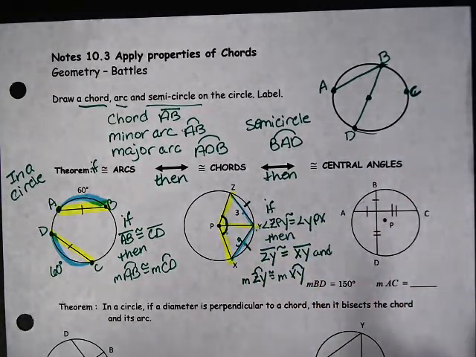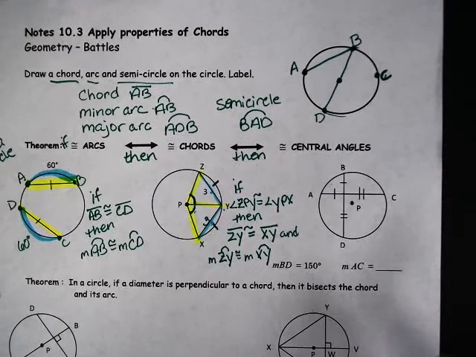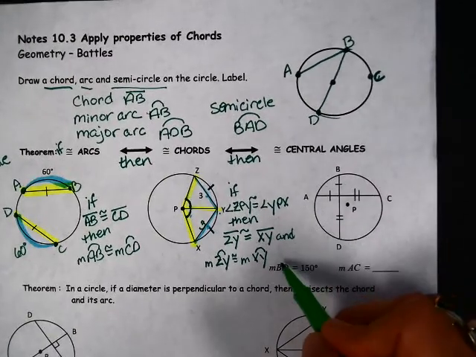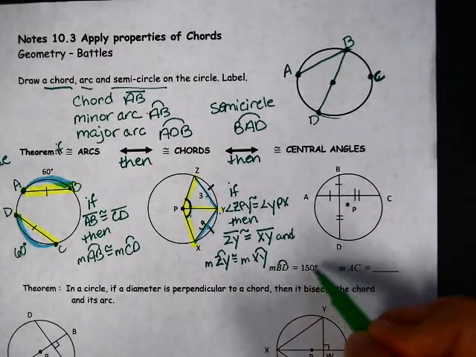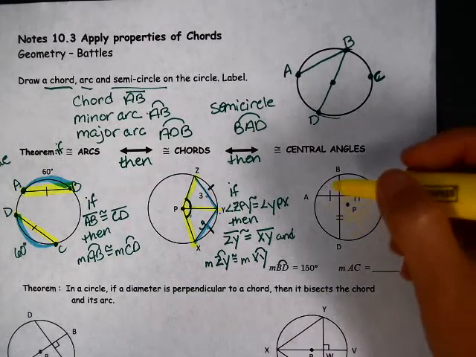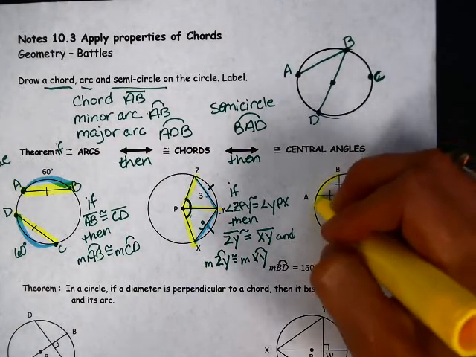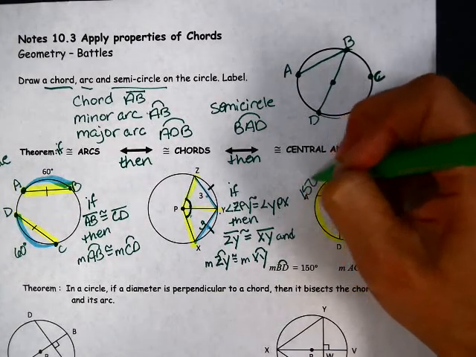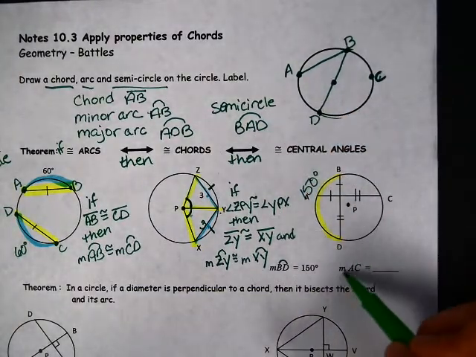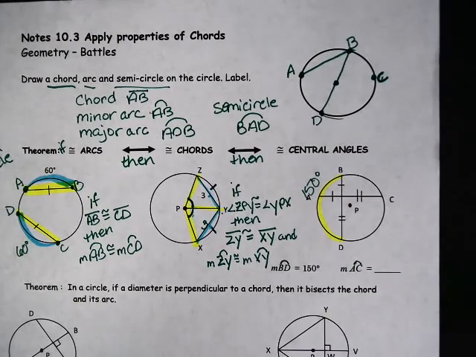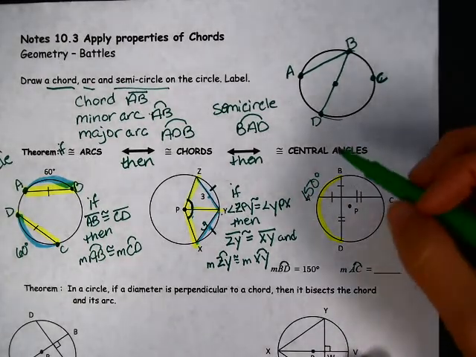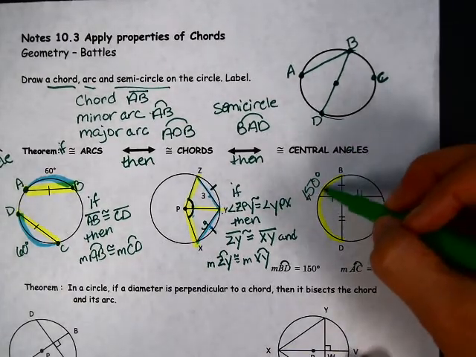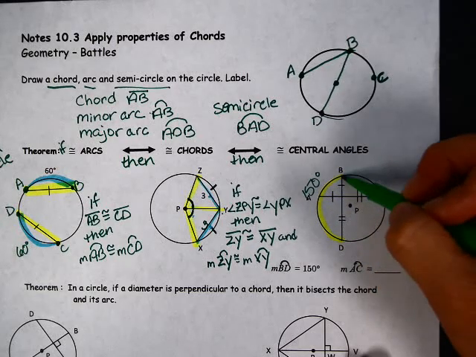All right? The last one. Here we've got the measure of arc BD is 150 degrees. Arc BD is a minor arc. Goes across there. It's 150 degrees. We want to find the measure of arc AC. What I need you to notice is that this arc is created by chord BD.